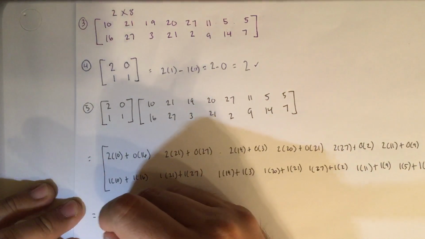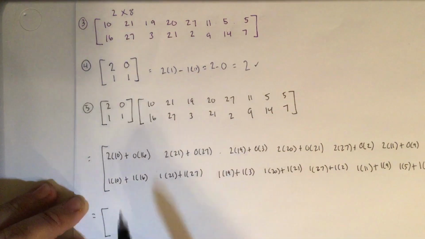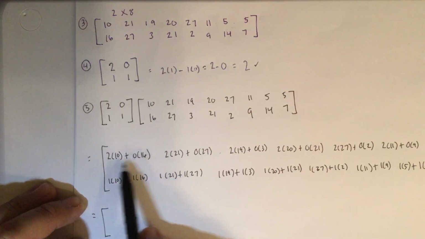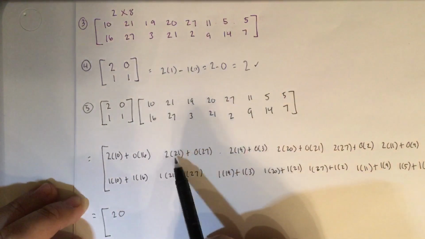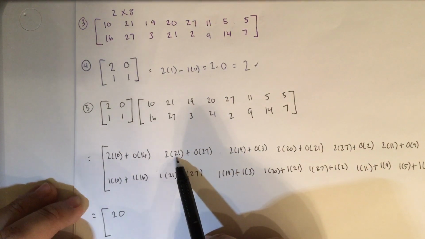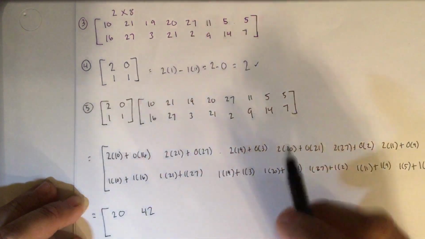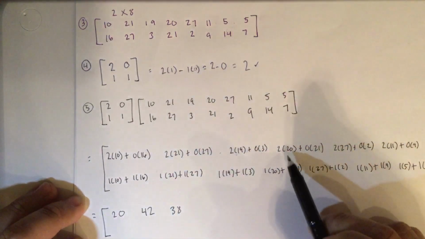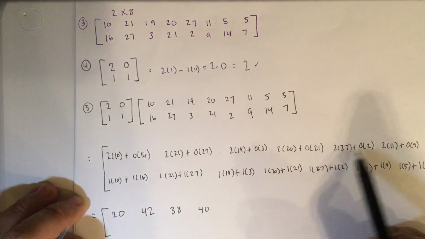Now, this next part, I'm not going to take my time to work everything out, because if you notice on the top, 2 times 10 is 20, 0 times 16 is 0. So 20 plus 0 is 20. 2 times 21 is 42. 0 times that is 0, so 42. 38 plus 0. 40 plus 0. 54 plus 0.